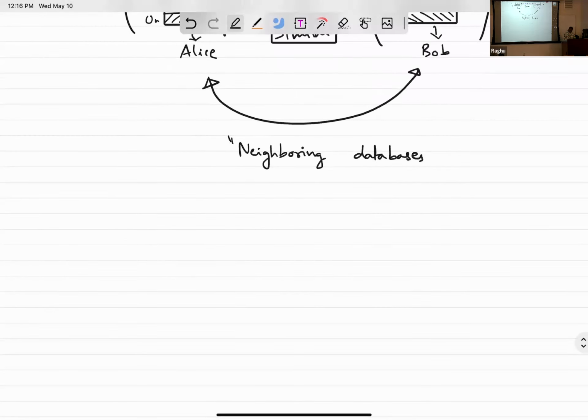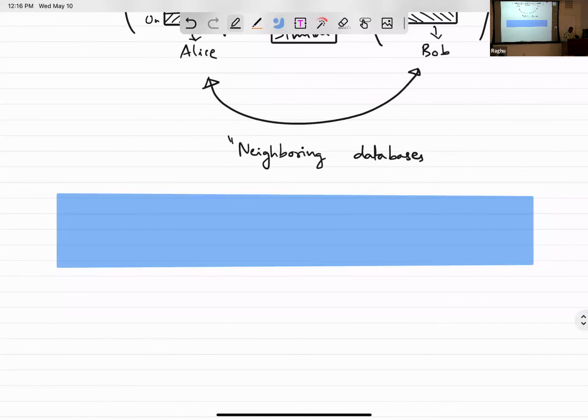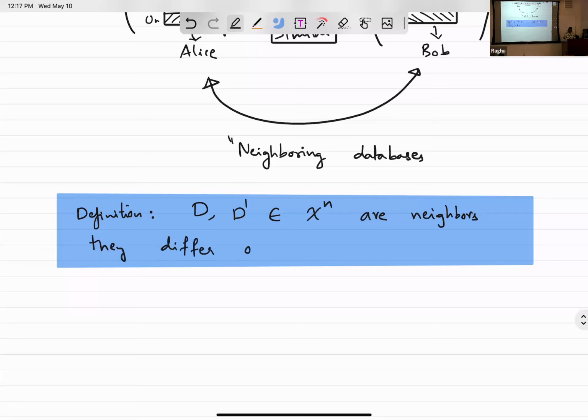So formally, you have D comma D prime, which are databases with n users' records. We'll say they are neighbors if they differ only in one row.